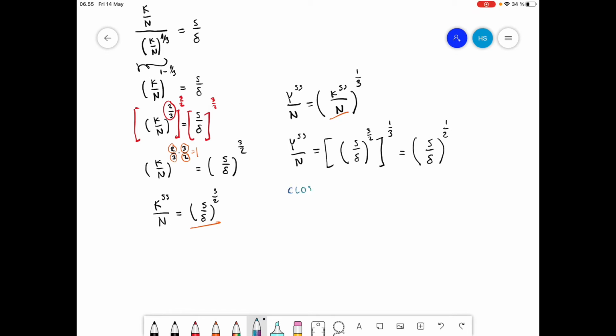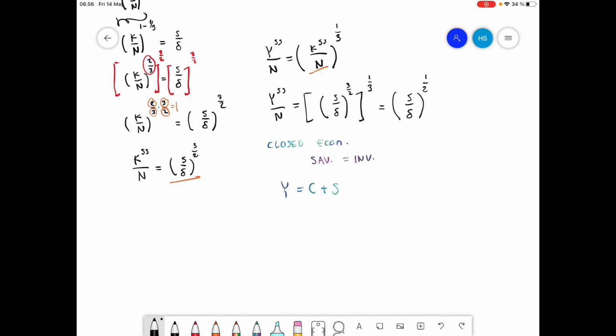Remember what I said before, we are in a closed economy. And whenever we're in a closed economy, we know that savings are equal to investments. And we know that the total output must be equal to the sum of consumption and total savings.